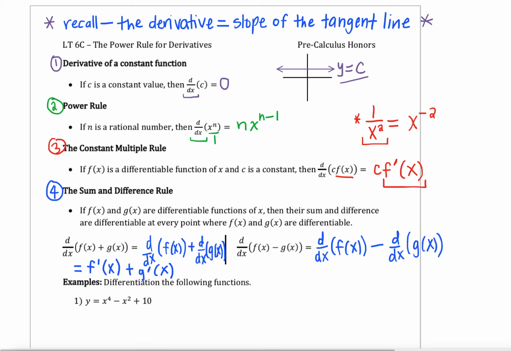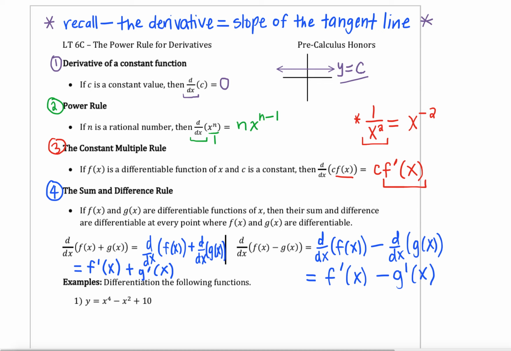That would be how we'd write it using the operator notation, and then using the prime notation, I could represent the derivative of f as f prime of x, and I could represent the derivative of g as g prime of x. So if I have a sum or difference of two terms that are both differentiable, I can differentiate each one of those term by term. Either get f prime plus g prime if I'm adding them together, or f prime minus g prime if we are subtracting them overall.